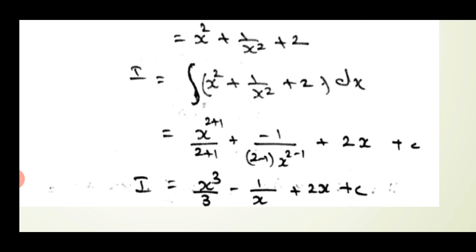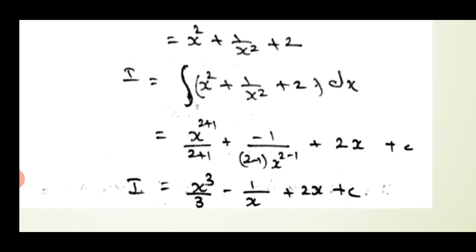Okay, now the middle term, 1 by x square. So we have a formula for 1 by x power n also. The formula is minus 1 by n minus 1 into x power n minus 1. I repeat the formula, the integral of 1 by x power n is minus 1 by (n minus 1) x power n minus 1.